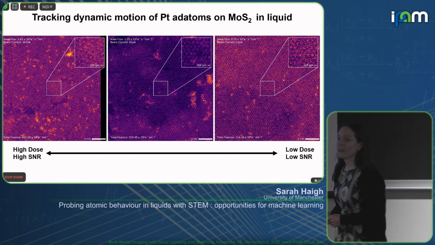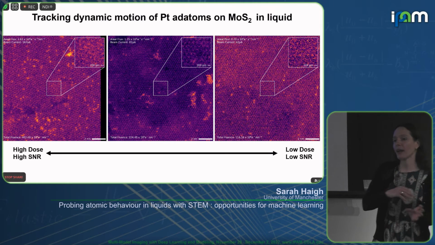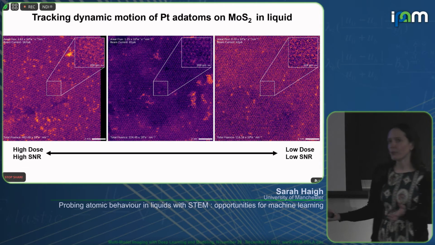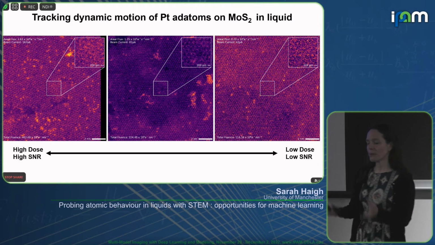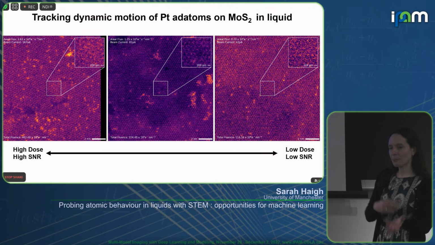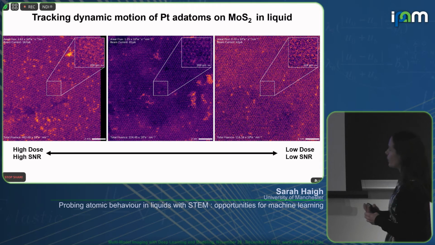With other experiments, we've had a lot of success by looking at different electron doses and being able to extrapolate back to what would happen if there was no electron beam. Or getting to a point where your dose is sufficiently low that the electron beam processes have time to relax back in between each image, so you don't see any change in behavior cumulative over time.